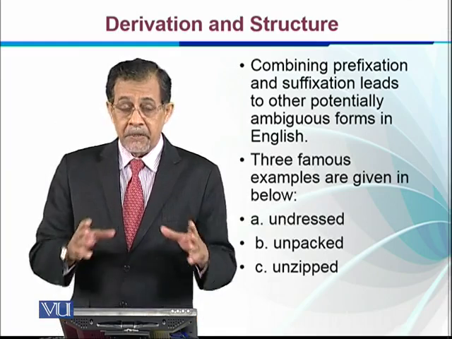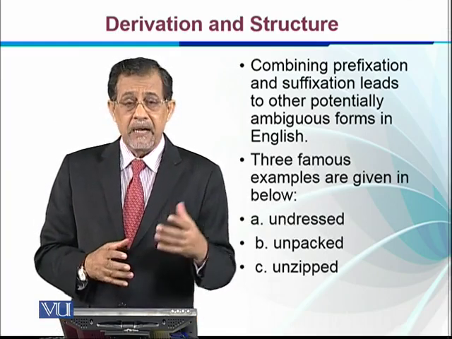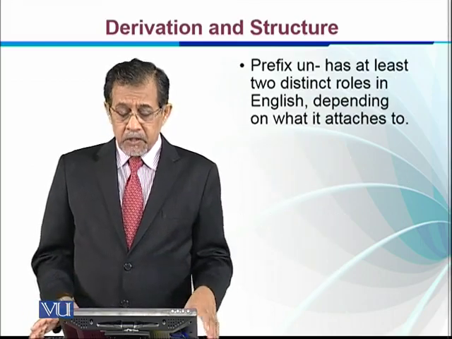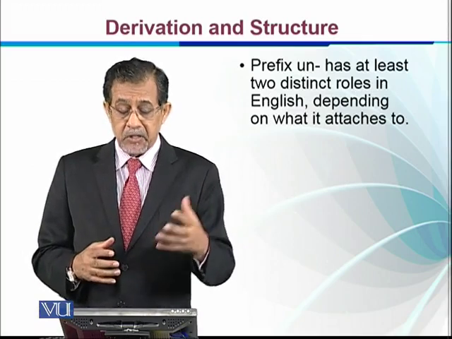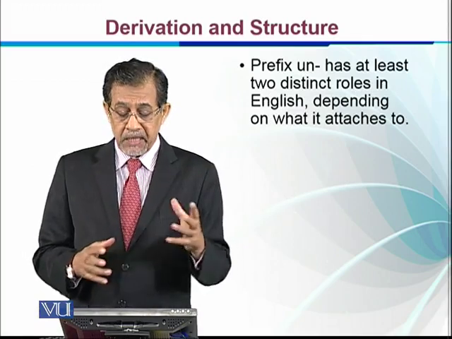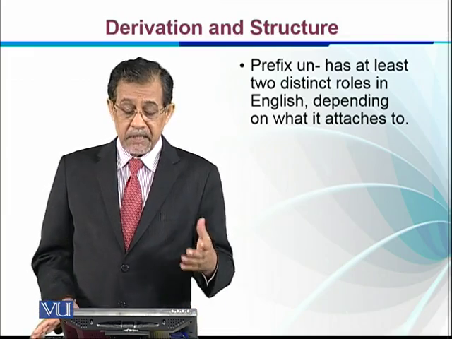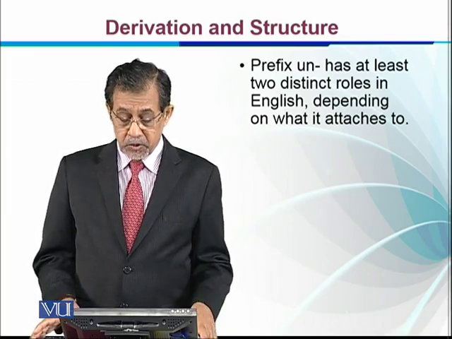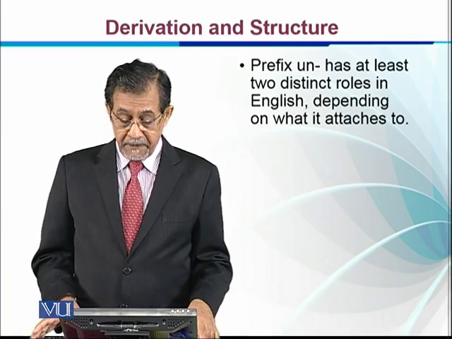For example, three of these ambiguous words are undress, unpacked, and unzipped. So un is a prefix, and un has at least two distinct roles in English depending on what it attaches to. We just say that un attaches to adjectives, and it also attaches to verbs, to past participles especially.